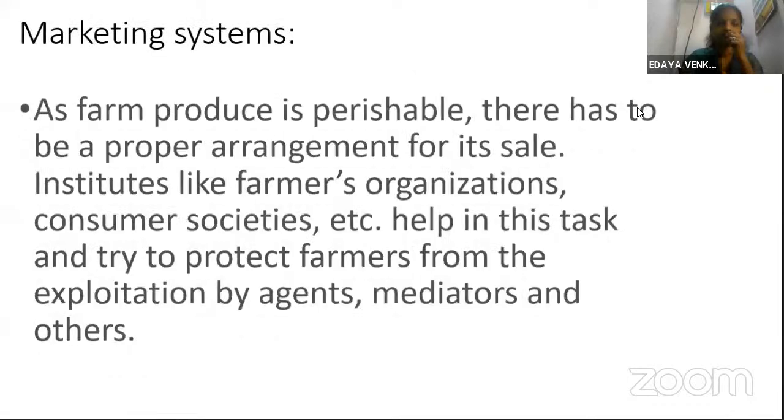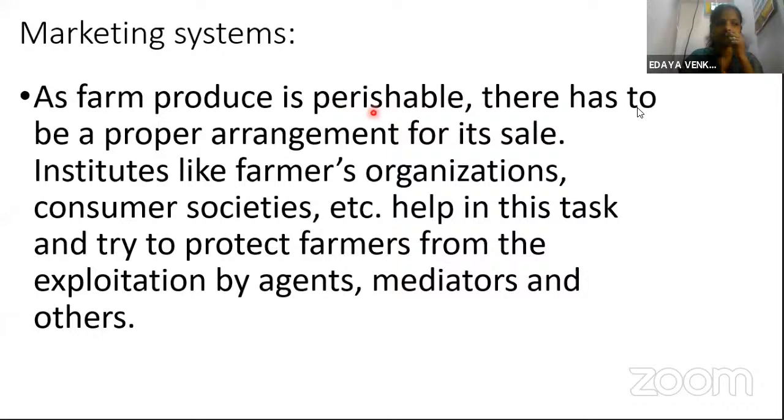Farm produce is perishable. As we all know, agricultural products mostly are perishable. There has to be a proper arrangement for its sale in proper time. Institutes like farmers' organizations, consumer societies, etc. help in this task and try to protect farmers from the exploitation by agents, mediators, and others.